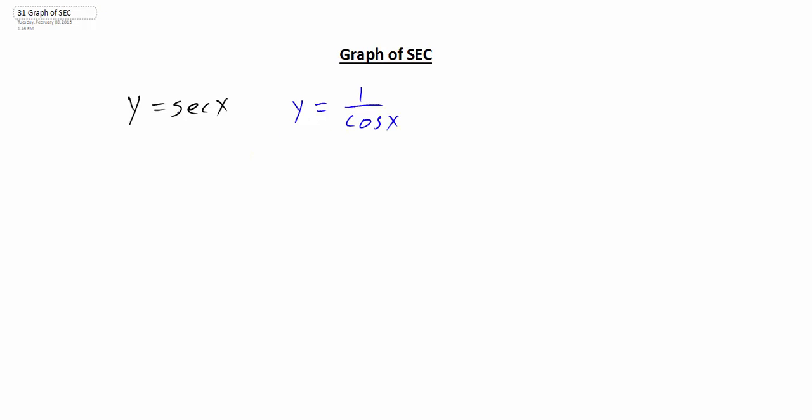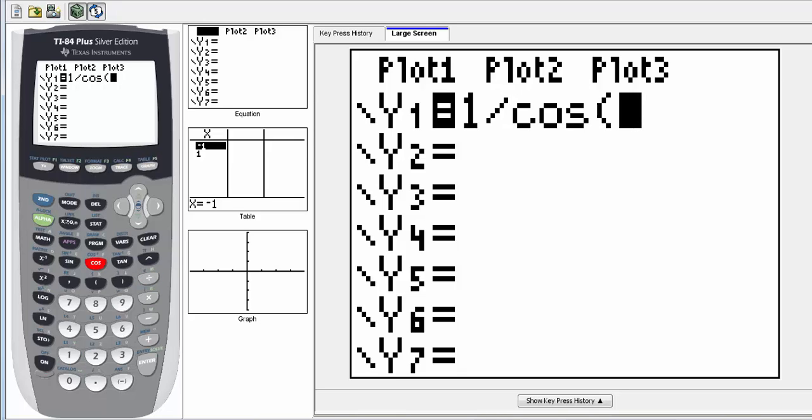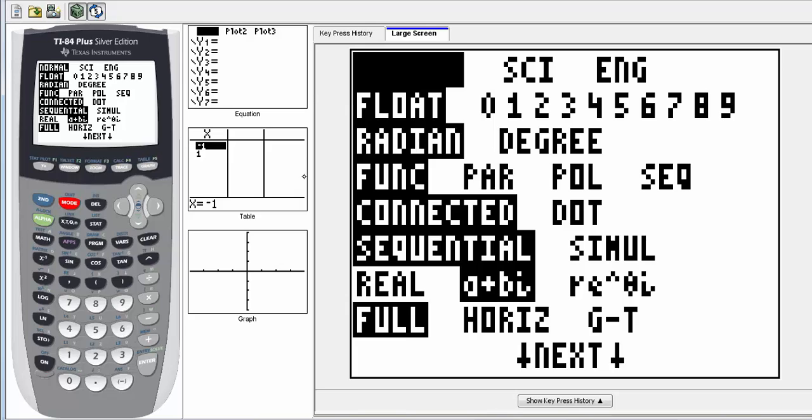Okay, so if we go and graph our secant function, going to the calculator, once again, we don't have a secant button, so we'll have to use 1 over cosine. So we take 1 divided by the cosine of x, and again, we will go to zoom trig, and once again, make sure that your calculator is in radian mode.